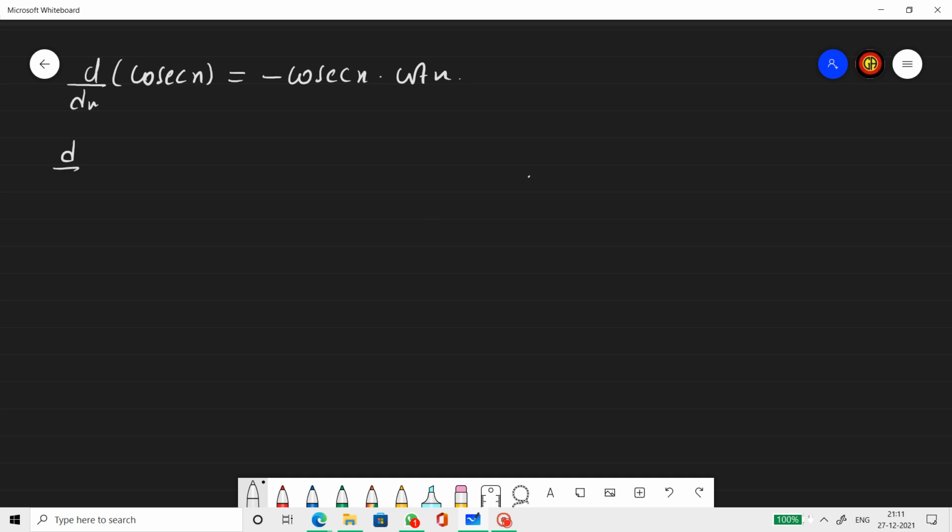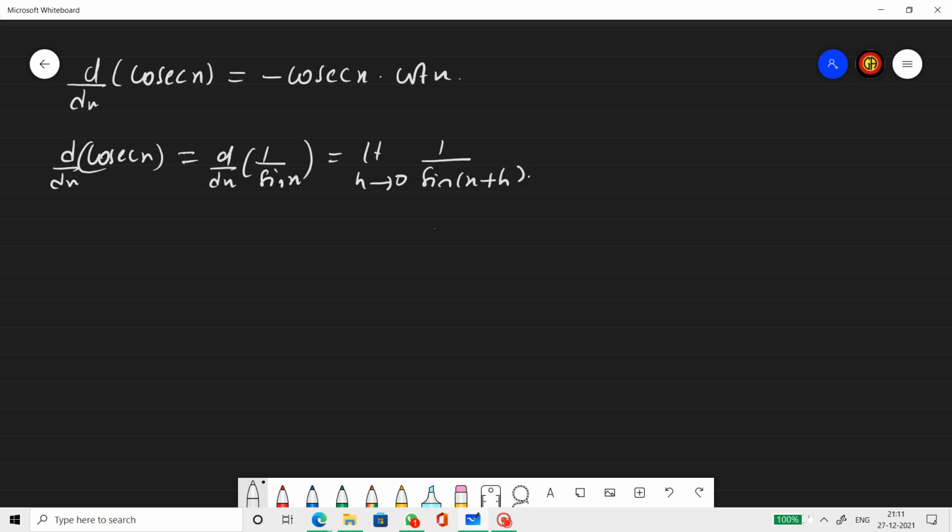So derivative of cosec x equals limit h tending to 0. Well, I like to take cosec x as 1 by sin x because we don't have any formula as such for cosec. So I'm going to take cosec as 1 by sin x. So now it becomes limit h tending to 0, 1 by sine of x plus h minus 1 by sin x by h.